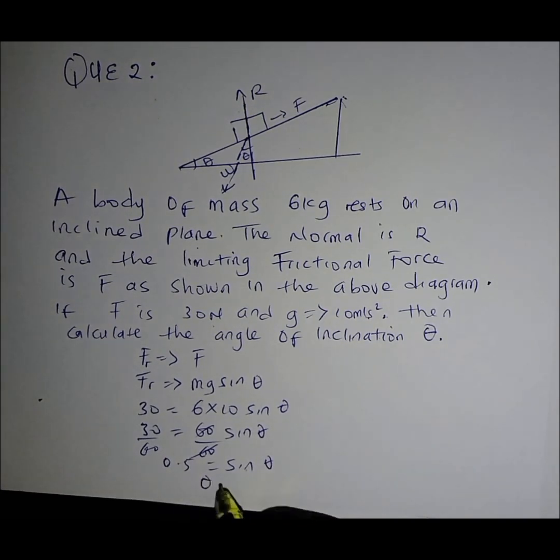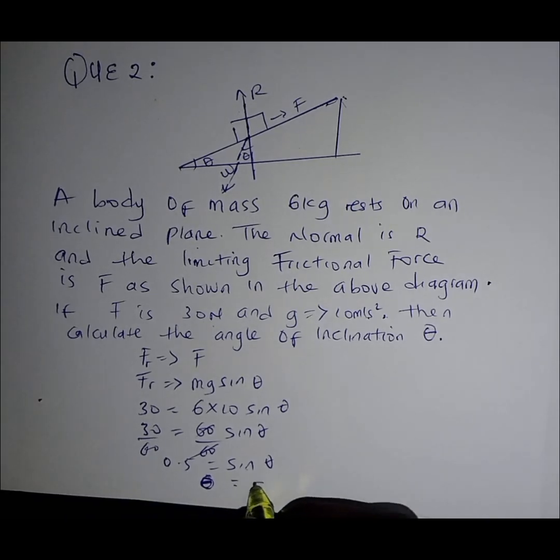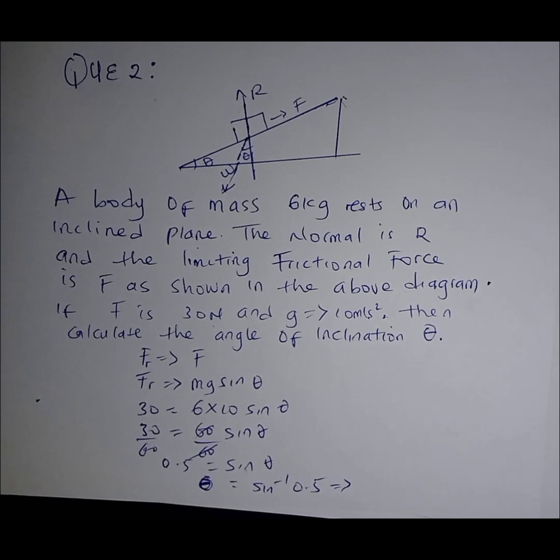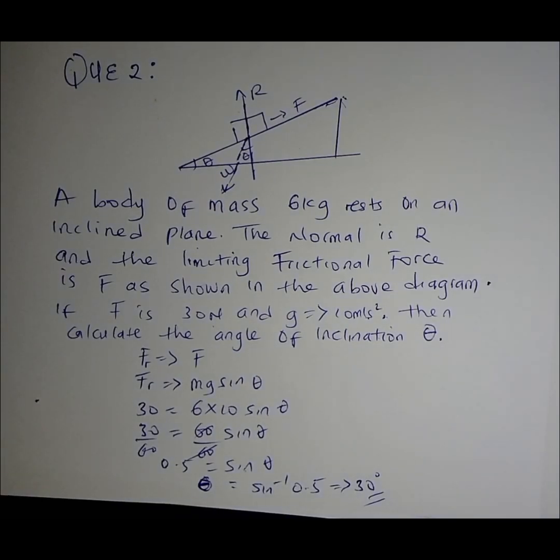So theta equals sine inverse of 0.5. Now, taking the sine inverse of 0.5, my answer is 30 degrees. So the angle of inclination, which is theta, is 30 degrees in this question.